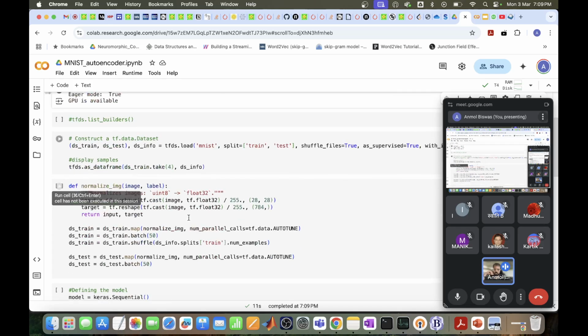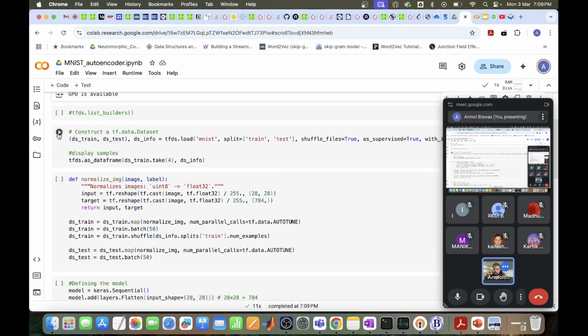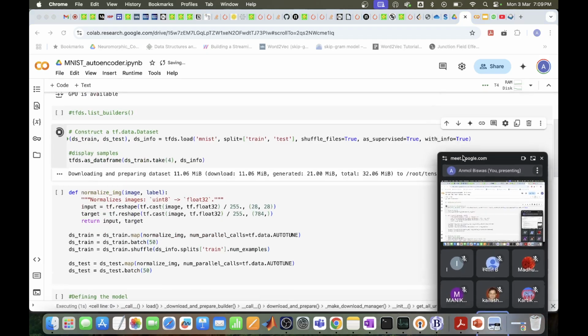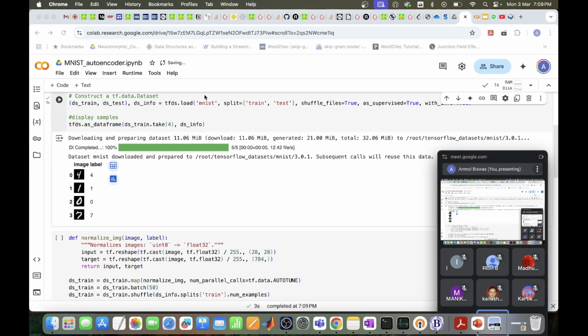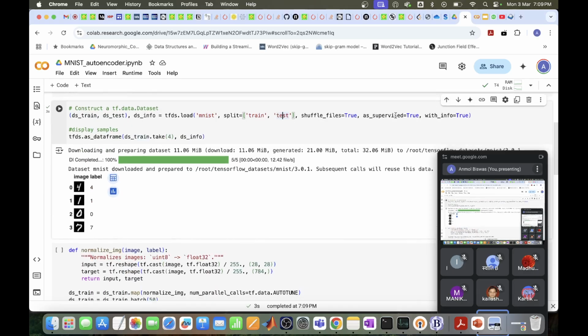The second part here is where we're constructing the dataset, right? We have grabbed this MNIST dataset and split it into train and test, and we have generated two datasets. There is one, ts train, which has 60,000 items, 60,000 training samples. Then we have ts test, which has 10,000 items.